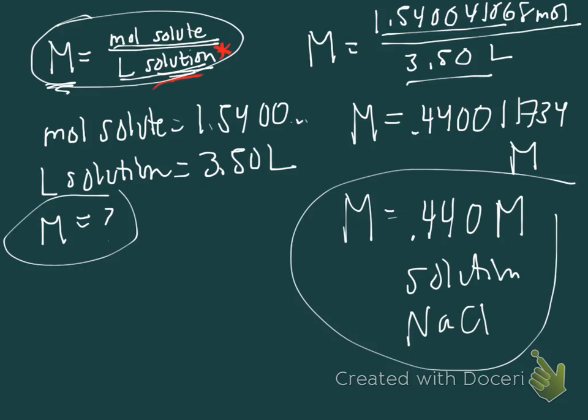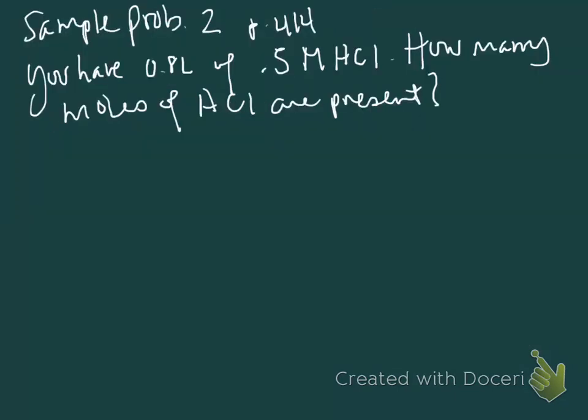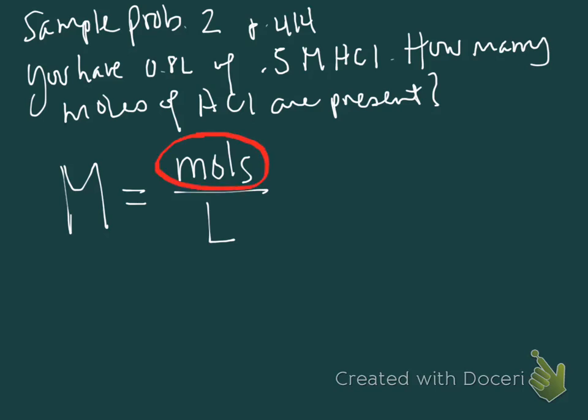Okay, questions on those? Okay, so here you're told that you've got 0.8 liters, that's 800 milliliters, of a 0.5 molar hydrochloric acid. How many moles of HCl are actually present? Well, we know that molarity is equal to moles of the solute over liters of solution, and we are going to rearrange here to solve for moles.